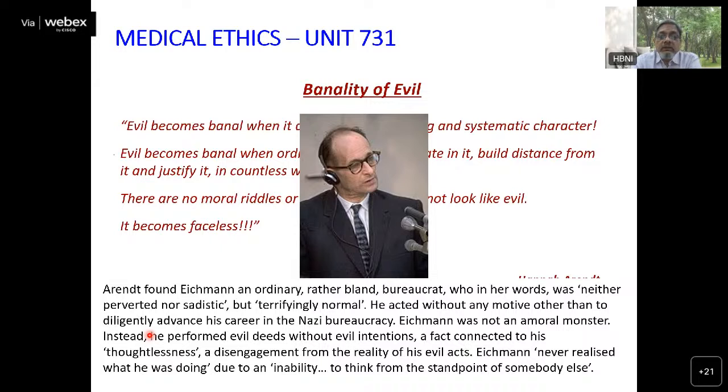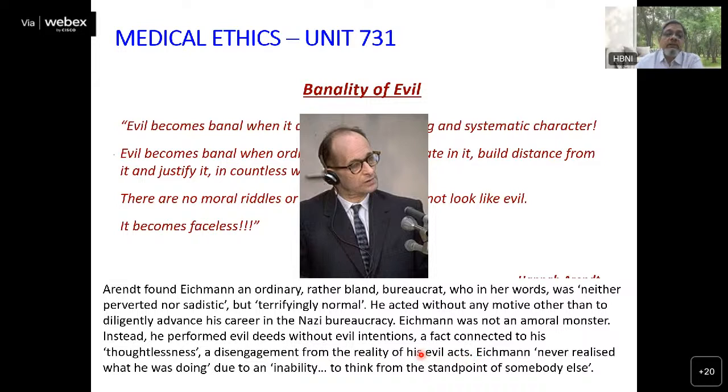And the very reason he did this was because he believed that his career would advance if he followed the orders of the government at that time, the Nazi bureaucracy. So he was not an immoral monster. Instead, he performed his evil deeds without evil intentions. That is basically connected to his thoughtlessness, a disengagement from the reality of his evil acts.